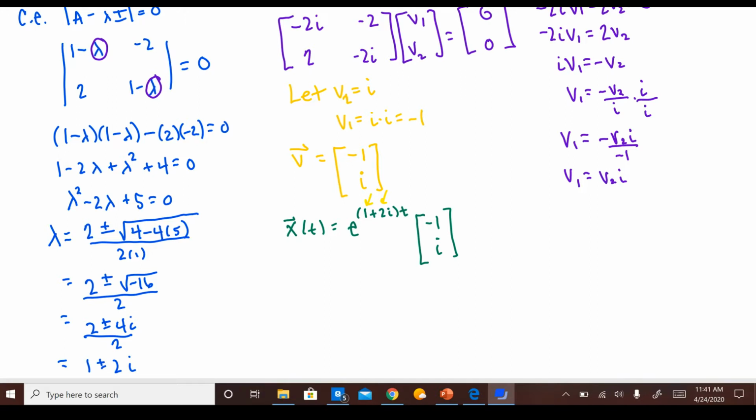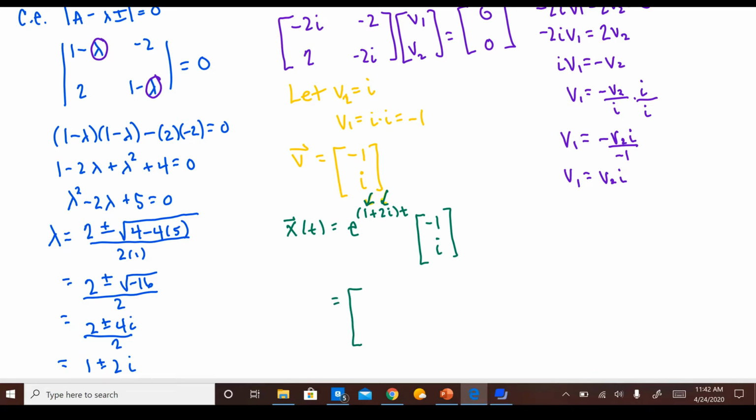Now let's go ahead and expand the exponential according to Euler's formula. So the real part becomes the coefficient of t in the exponent, and the imaginary coefficient becomes the argument: cosine of 2t plus i sine of 2t. Okay, so there would be row 1, that's x sub 1, and x sub 2 then would be, let's go ahead and multiply the exponential into our matrix.